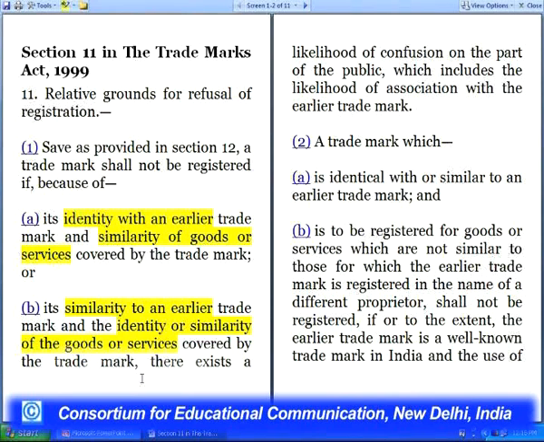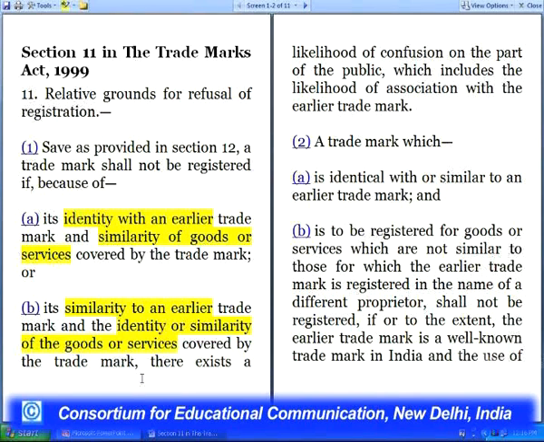The very first clause of Section 11 reads: a trademark shall not be registered if, because of its identity with an earlier trademark and similarity of goods or services covered by that trademark, or its similarity to an earlier trademark and the identity or similarity of the goods or services covered by the trademark, there exists a likelihood of confusion on the part of the public, which includes the likelihood of association with the earlier trademark.